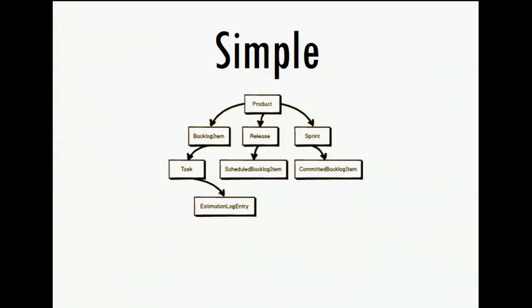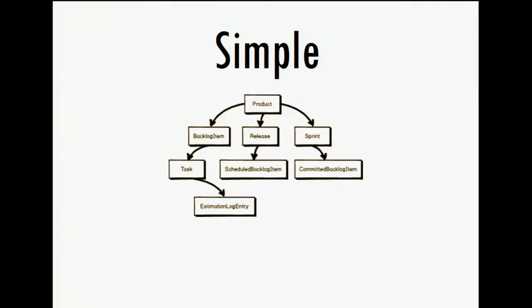Notice, though, that releases have scheduled backlog items and sprints have committed backlog items. Okay, so that's sort of like a basic model. There's actually more to a Scrum model, but this is kind of where you would conceptualize the main parts of a Scrum application management tool.